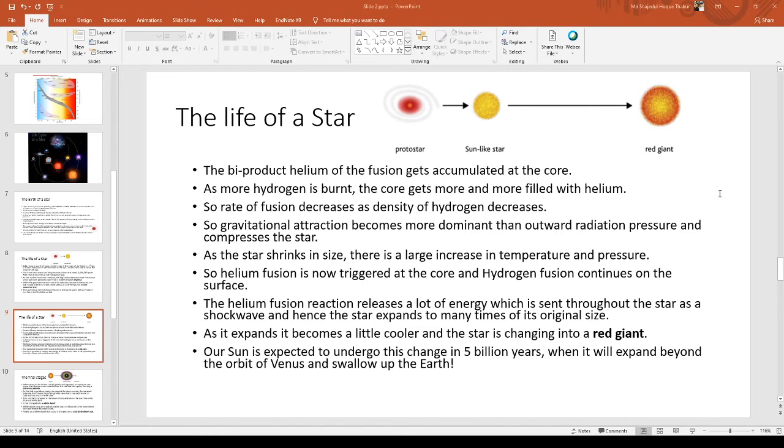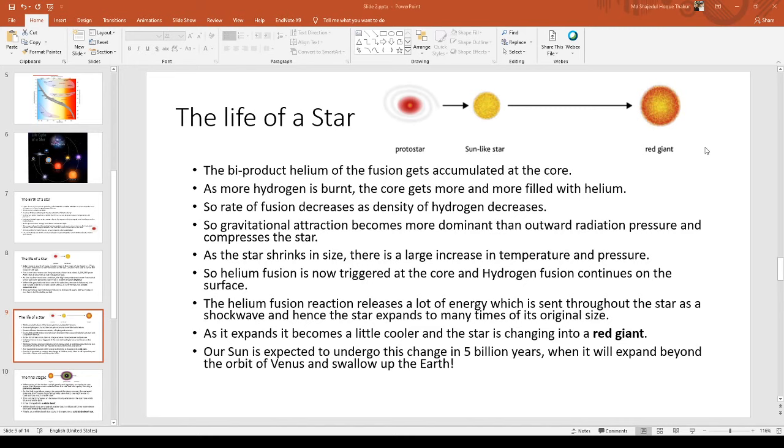When the temperature is low, won't the pressure decrease and it will return to its original size? No, even though the temperature is lower, understand that the temperature is lower at the surface. That is why the color is changing. But at the core, helium fusion reaction is still occurring. Once helium fusion reaction has started, at the core there is actually huge temperature. But since the star is now so big, not all of the energy from the core reaches the surface, right?